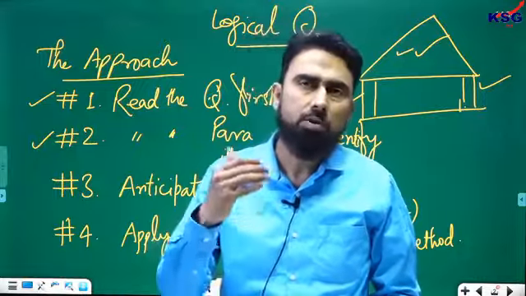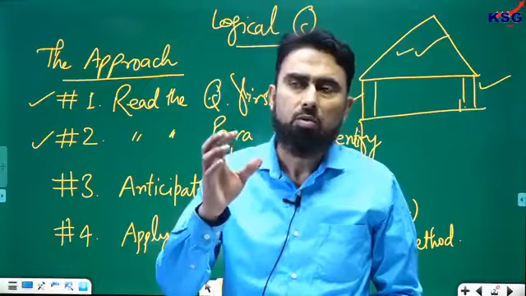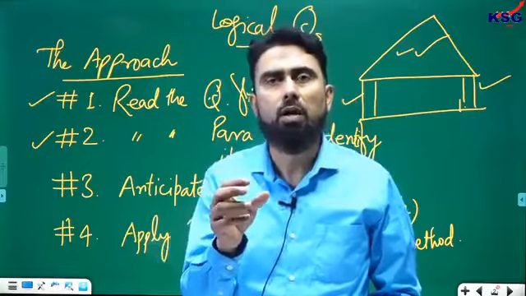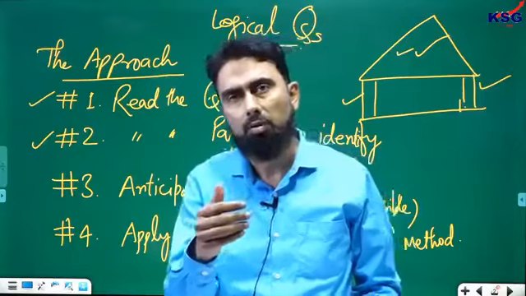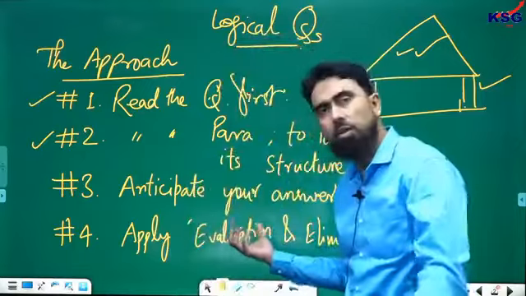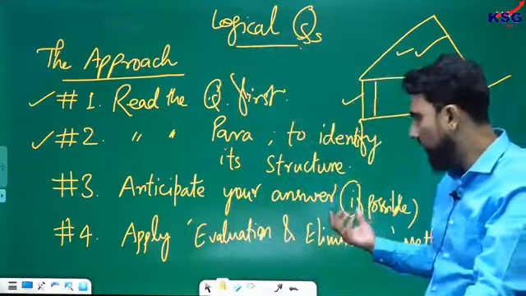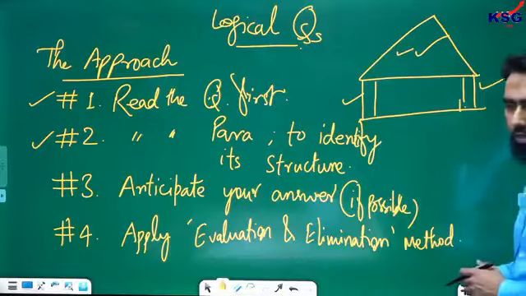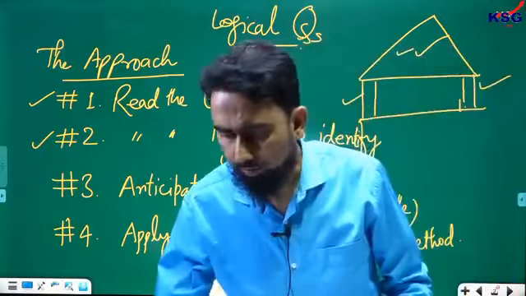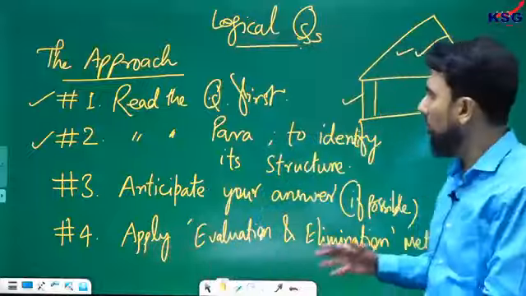So eliminate the weak options, and then you are left with the options that are more potential. Then you evaluate them. So elimination and evaluation method will be more effective. These are the 4 points I discussed earlier with you as a common point, approach.